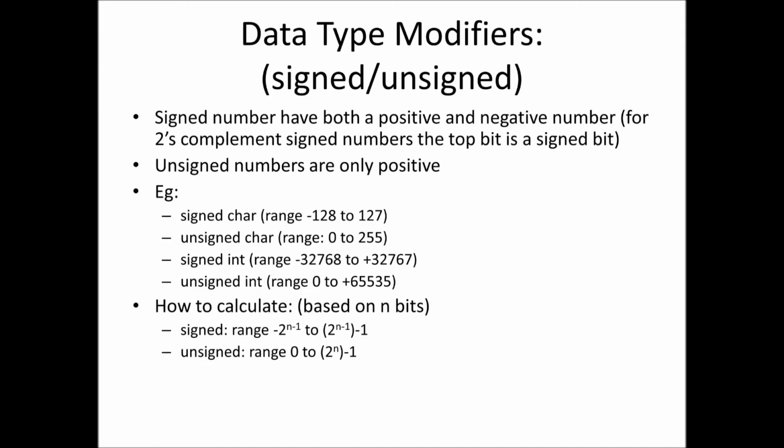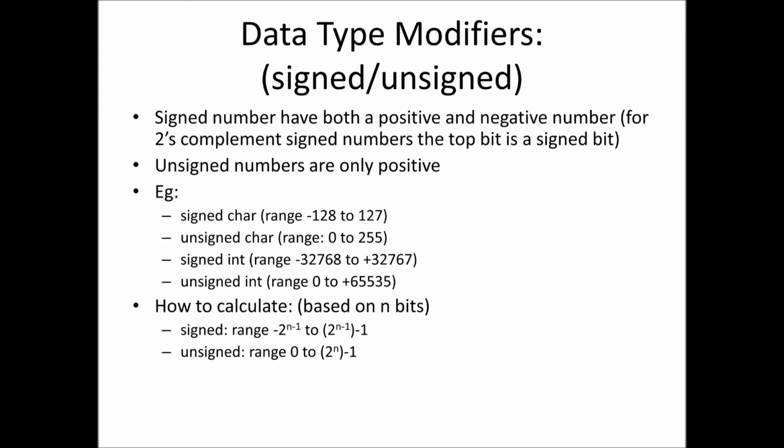So, for example, our signed character can represent numbers from minus 128 to 127. Our unsigned character represents numbers from 0 to 255. So, same number of discrete numbers that we're representing, but only positive numbers now because it's an unsigned character.